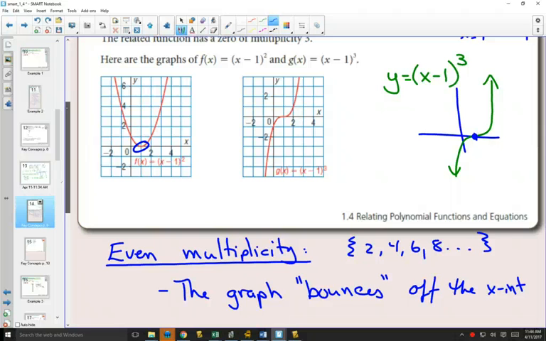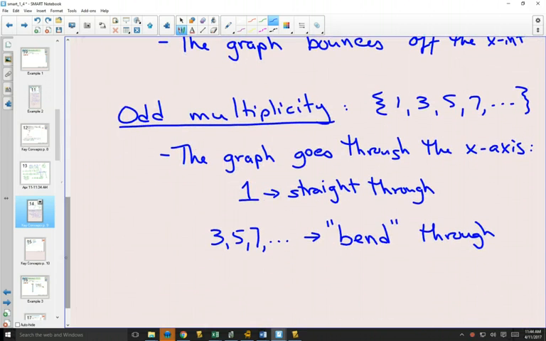So later on when you take calculus, you're going to learn that this part of your graph is concave down because the bend is like that. And this part of your graph is concave up because the bend of the graph is like that. So at these odd multiplicities where it goes through, but it's a higher power, it's going to bend.